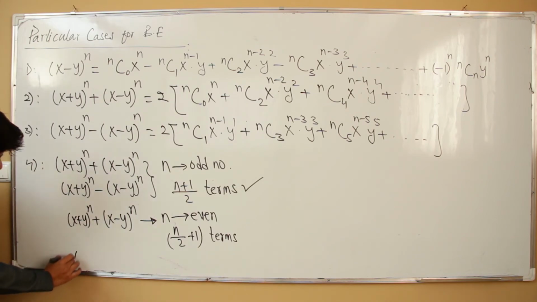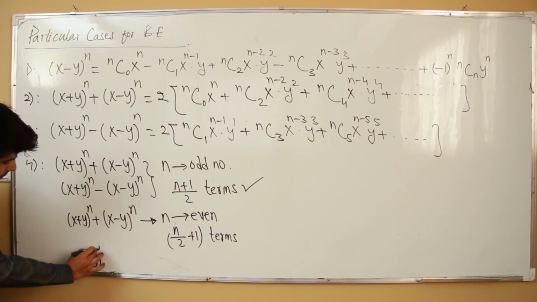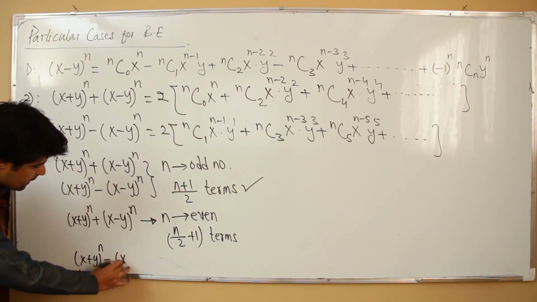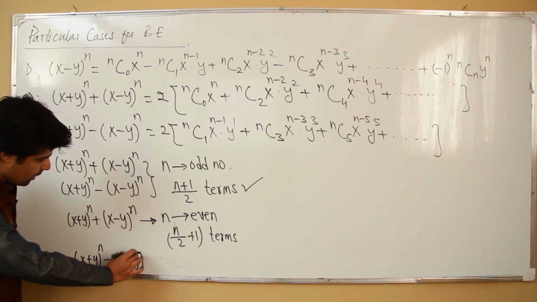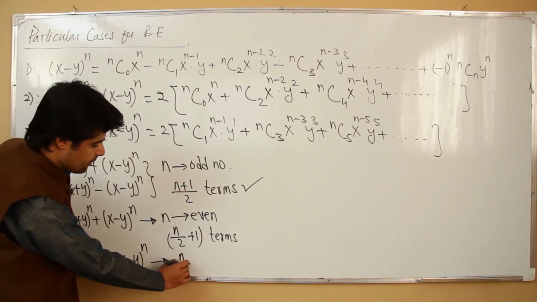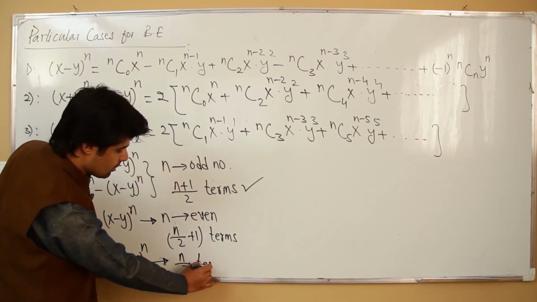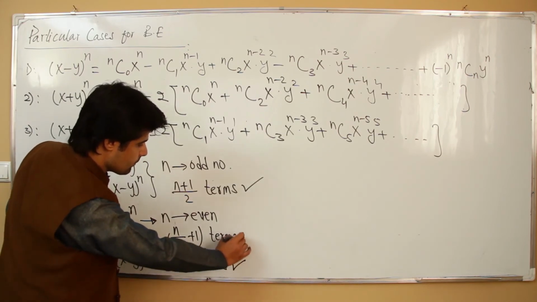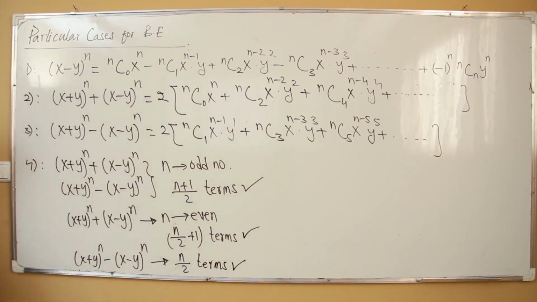But if you have x plus y raised to the power n minus x minus y raised to the power n, and n is even, then you have n divided by 2 terms. It's very important. What do I mean?